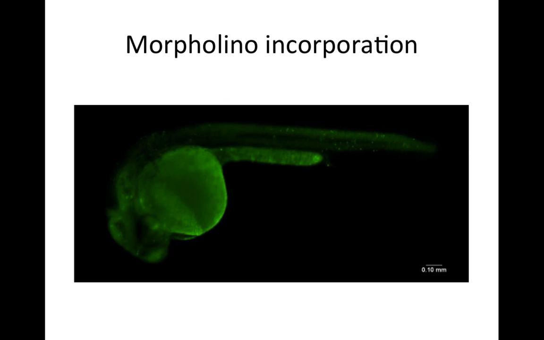When you incorporate it into the animal, that animal will look green when excited by a particular wavelength of light. In this case, we know that our gene of interest, let's say gene A, has blocked translation of gene A protein in all those cells, hence making a true knockdown.